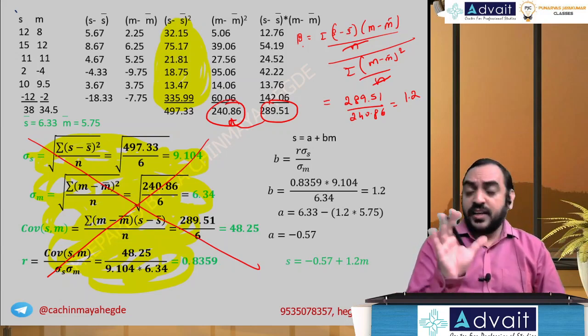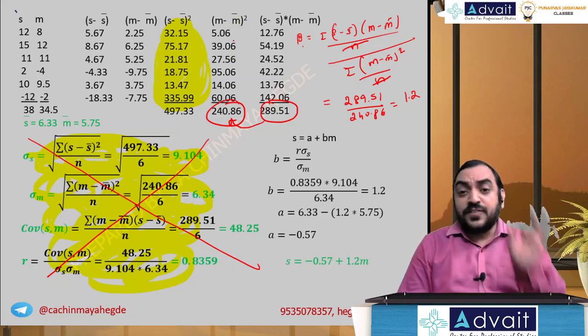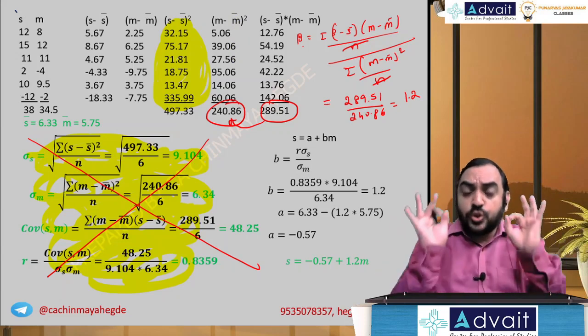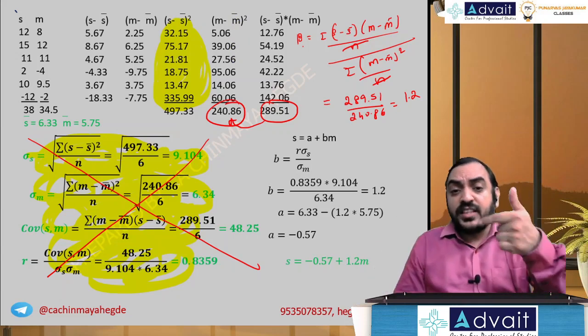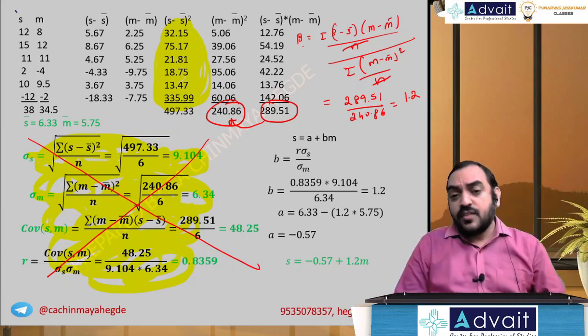So what is the learning out of this discussion? In the exam, if they just ask you the characteristic line, then with these column totals only, you finish up the matter. You don't need to show standard deviation.